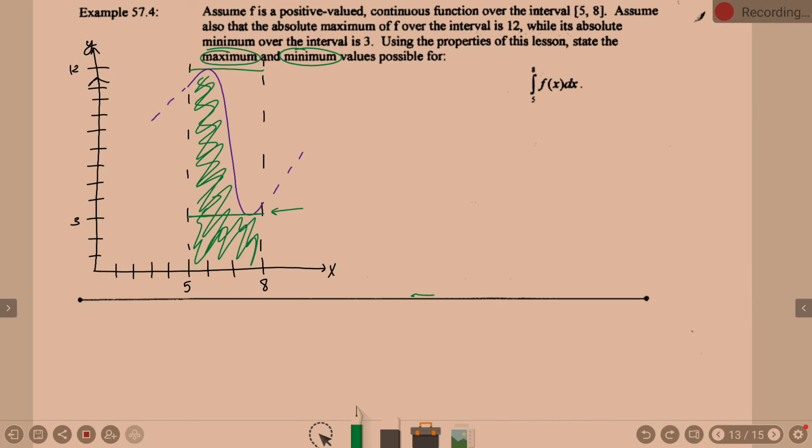A rectangle? Of what dimensions? 3 by 3. So 3 by 3? Because from 5 to 8 is 3, yes. And then from 0 up to 3 is 3. So 3 times 3 is 9. So that rectangle, or square technically, that is our minimum possible value.